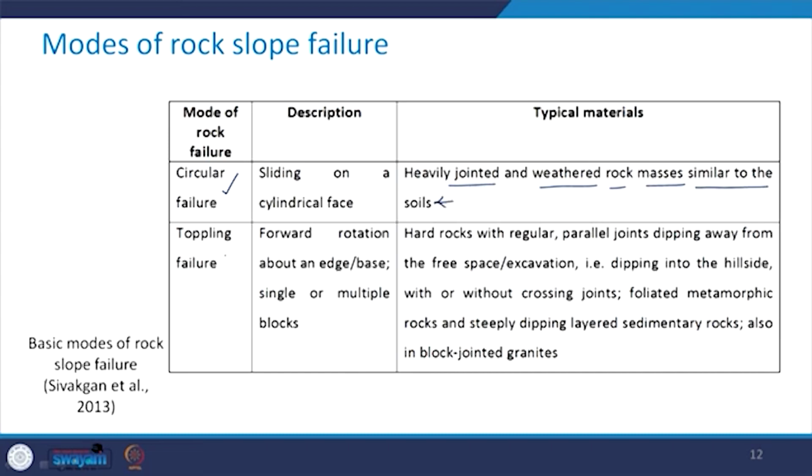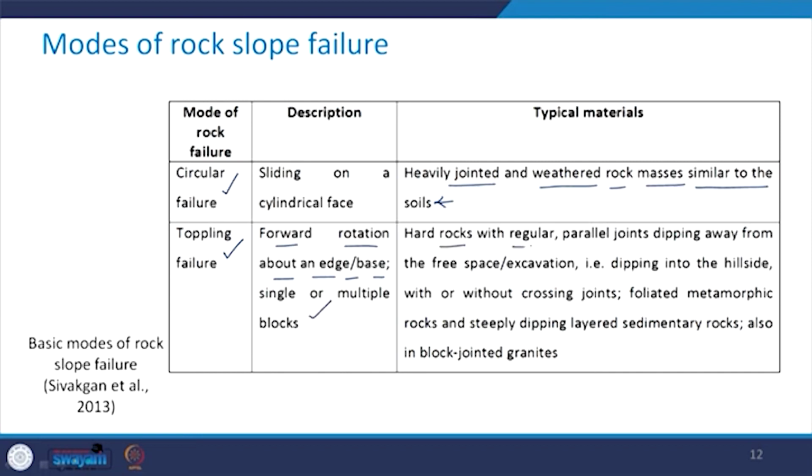The fourth and the last category is toppling failure, where there occurs a forward rotation about an edge or base, and this can happen to single or multiple blocks.